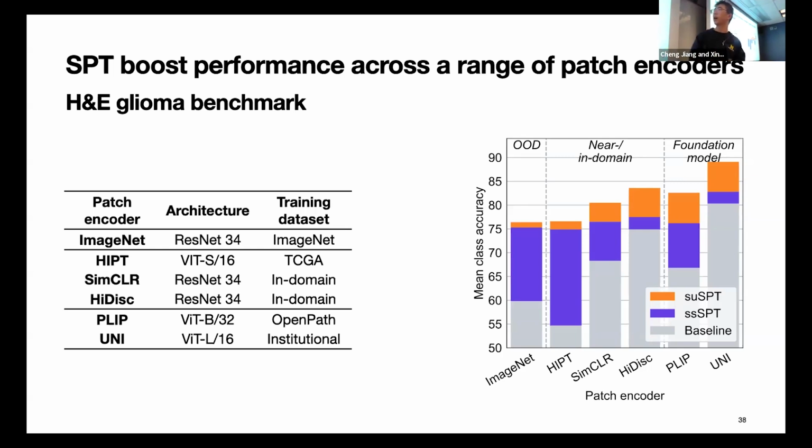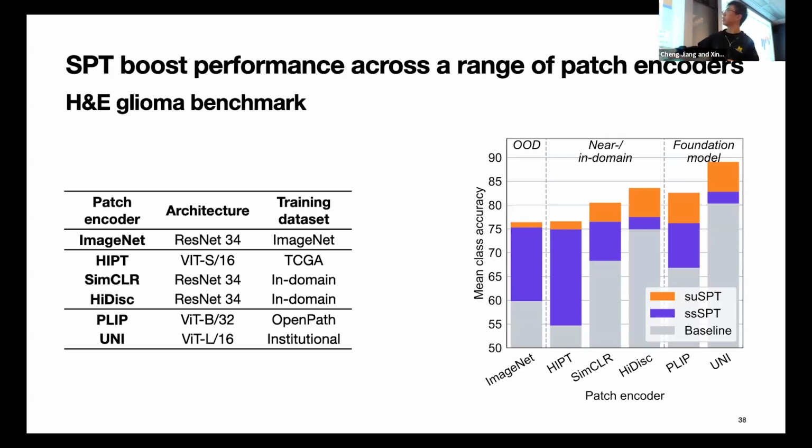Here, we classify the patch encoders into three different parts for the H&E benchmarks. We have out of distribution, which is a patch encoder trained just on ImageNet. We have the near or in-domain patch encoders like HIPT, and ones we trained with SimCLR and with HiDisc. They're all patch encoders trained on H&E data.